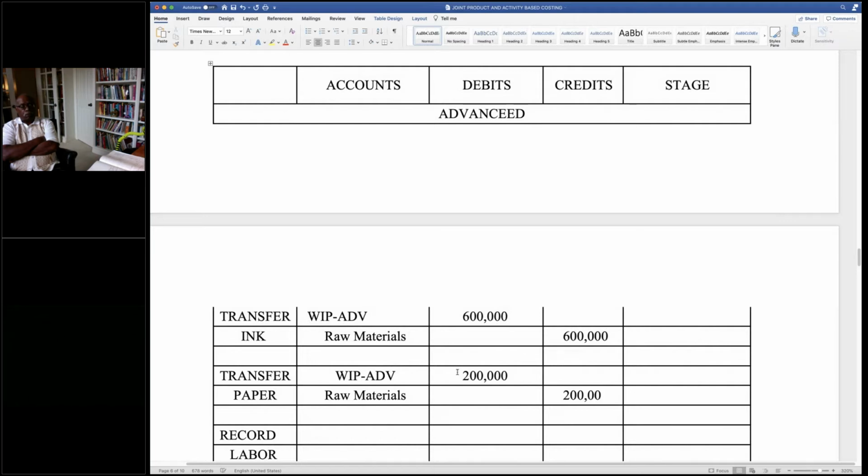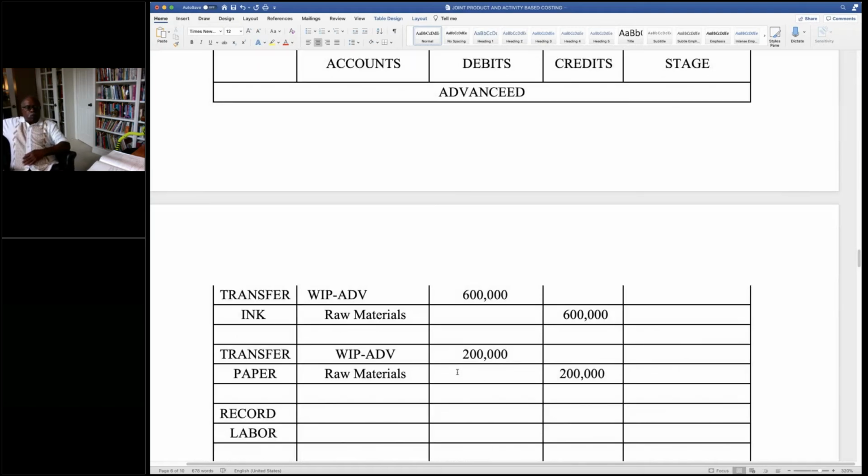Alrighty, and then we're gonna go ahead and record the labor that we paid the workers. So it says that they worked for 11,000 hours at $10 an hour. So we're gonna debit work in process, credit cash, $110,000.